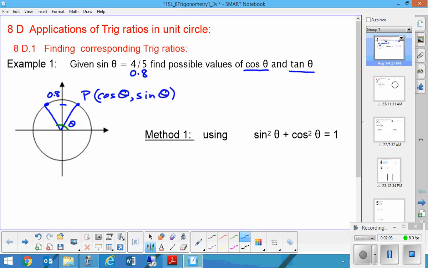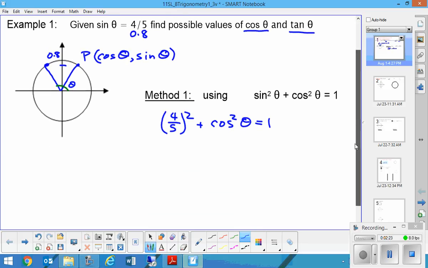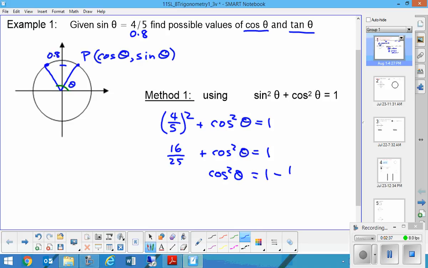So we can now say 4/5 squared plus cos squared theta equals 1. So we've got 16 over 25 plus cos squared theta equals 1. So cos squared theta equals 1 minus 16 over 25.